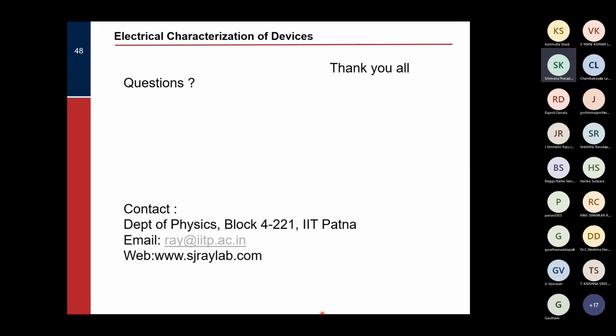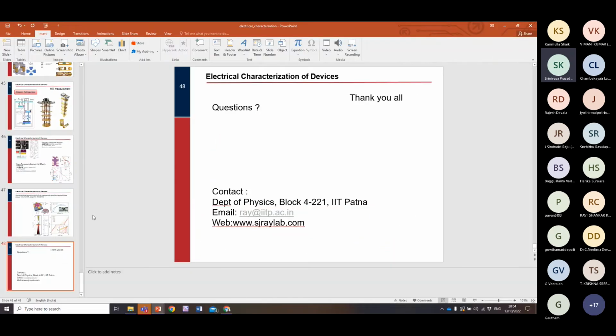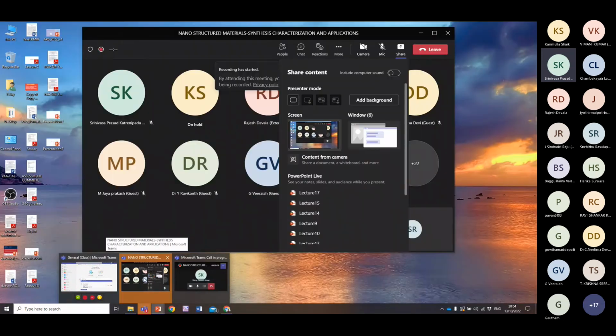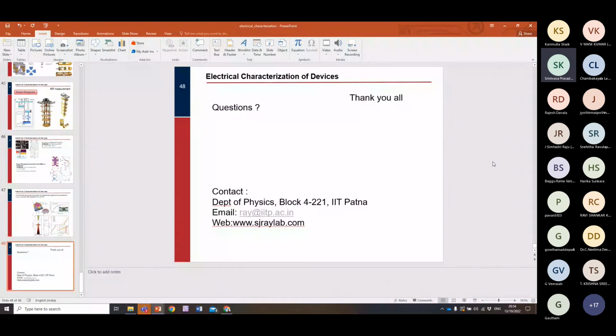I request the participants to interact with the resource person, Soumya Jyoti, sir. If you have any questions regarding these transport characteristics, how it is very useful, particularly in developing electronic products. Miniaturization is only possible because of the concept of nanoscale systems, and particularly for electronic devices in power electronics, electrical characterization of devices to determine resistivity and carrier concentration.